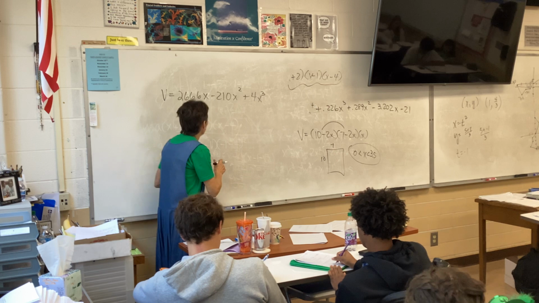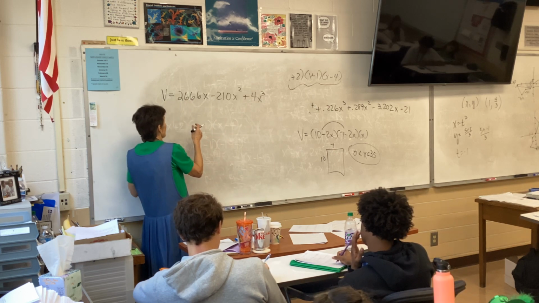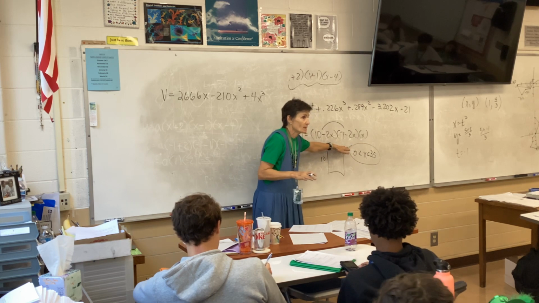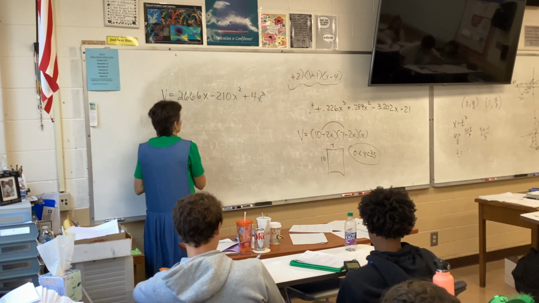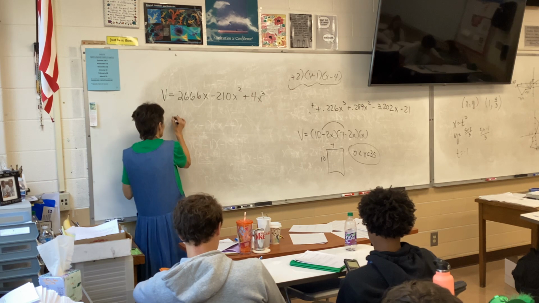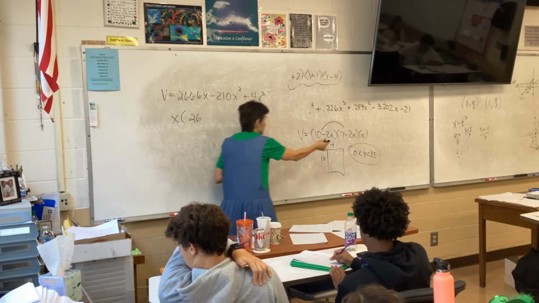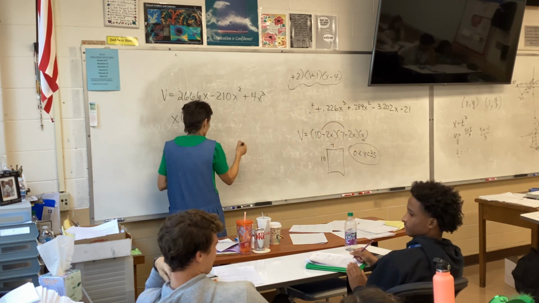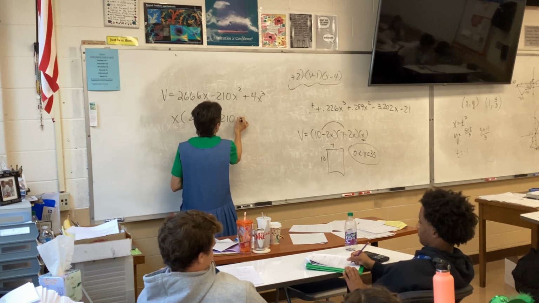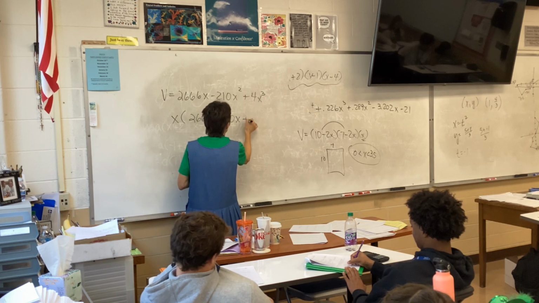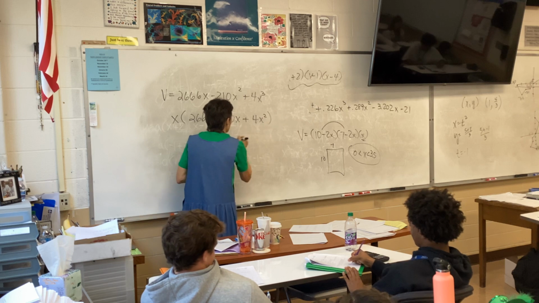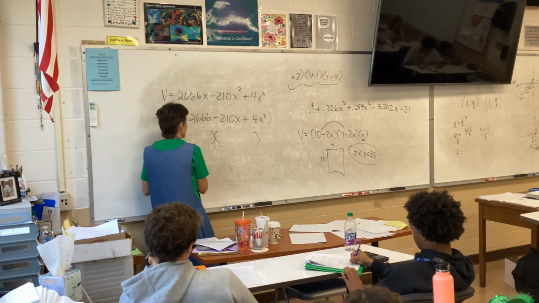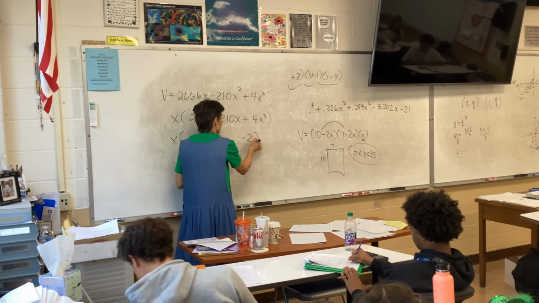Factor it, you mean? Okay, so Allison says, if I had these, it would be an easy problem. So she said, what if we take out the x, that's this x right here, take that out, and then look at what's left, and understand that that is going to be something minus 2x, something minus 2x.